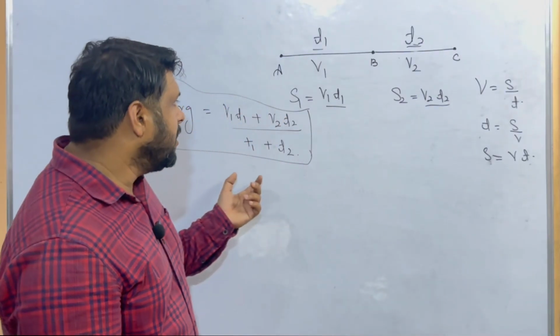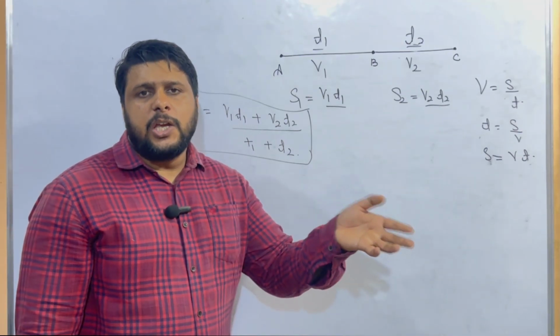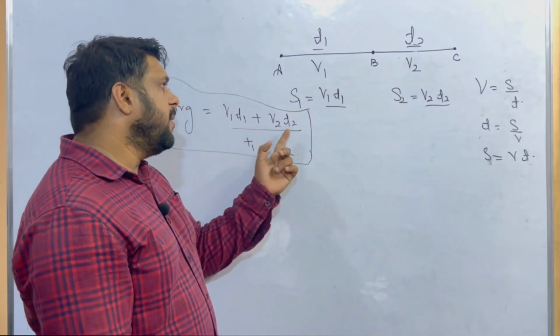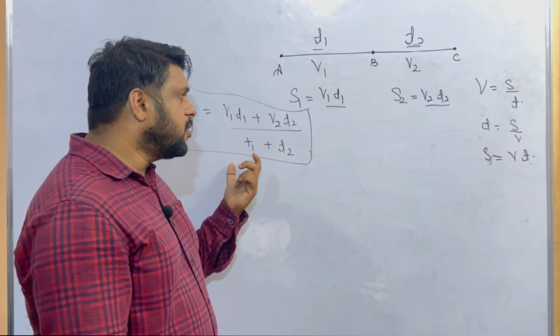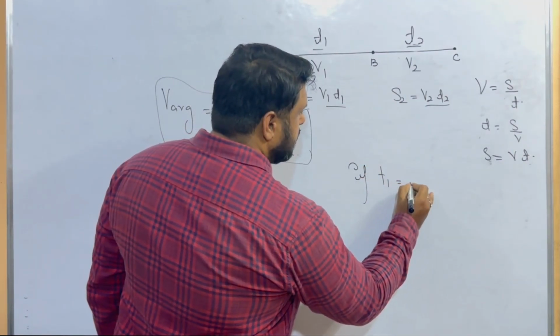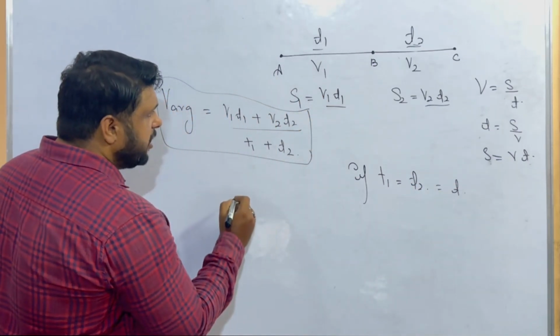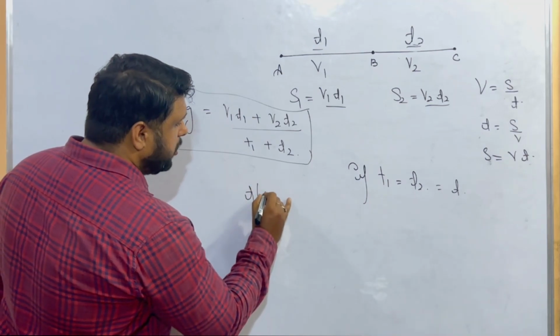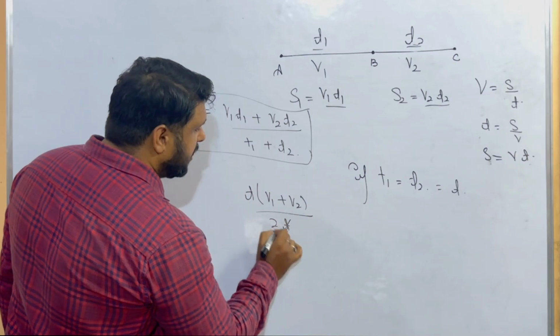Now again they can ask you that it has taken equal time, then T1 will be equal to T2, so we can take it common here. What will happen if T1 is equal to T2? Let's say it is equal to T. The T will come out, V1 plus V2 upon 2T, T cancelled out.